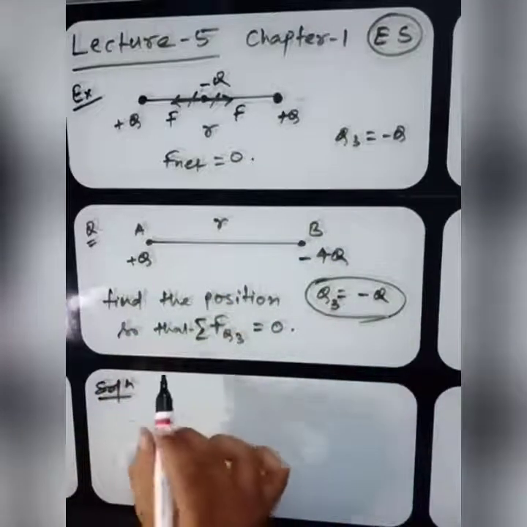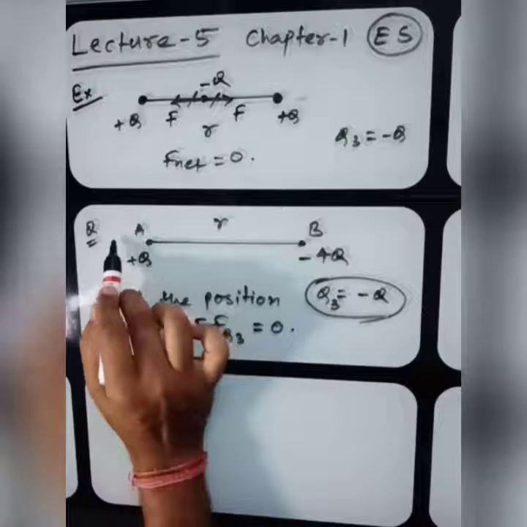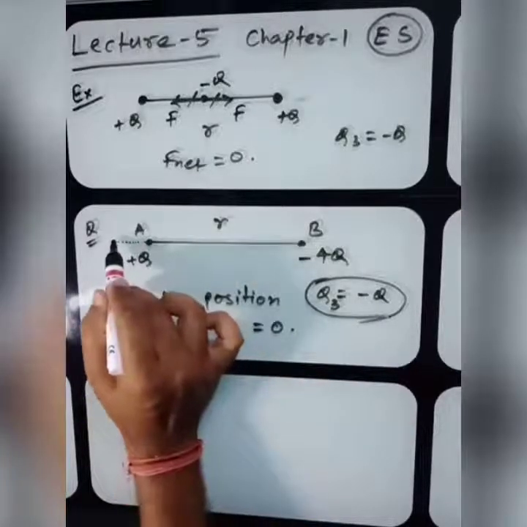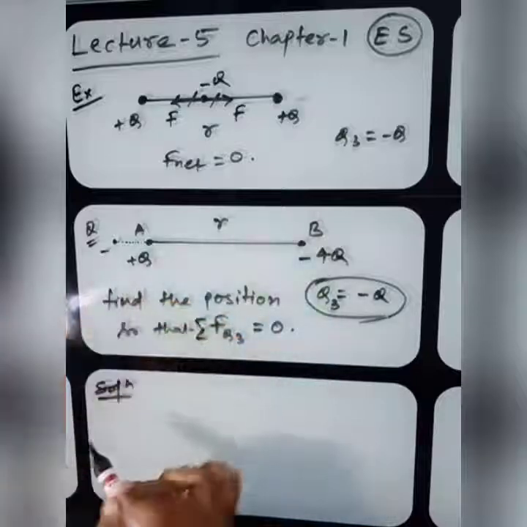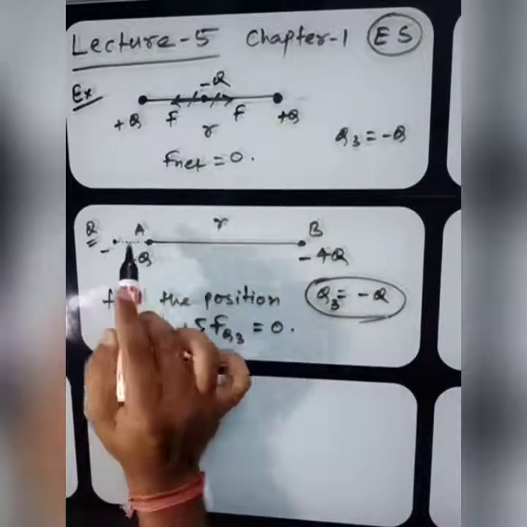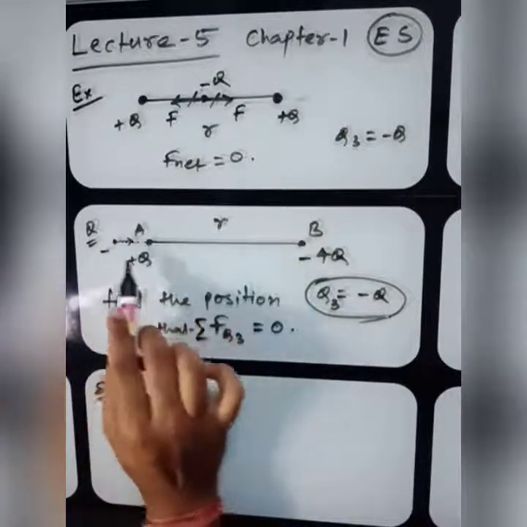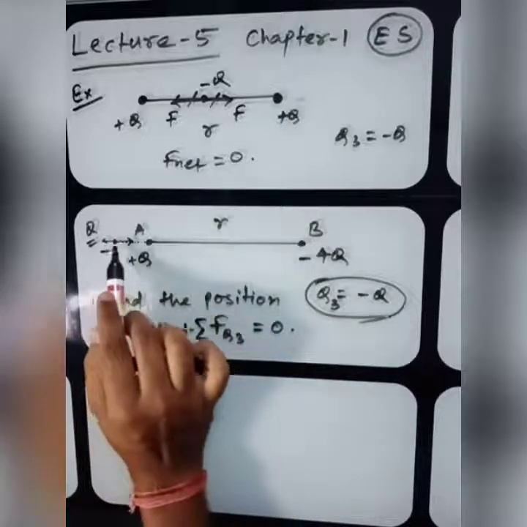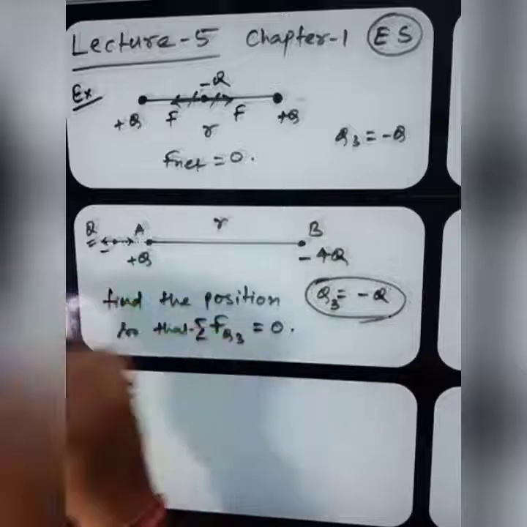Now place it outside, to the left of the first charge, over here, minus. Now this minus and plus will attract, and this minus and this minus will repel. So we might have the net force as 0.